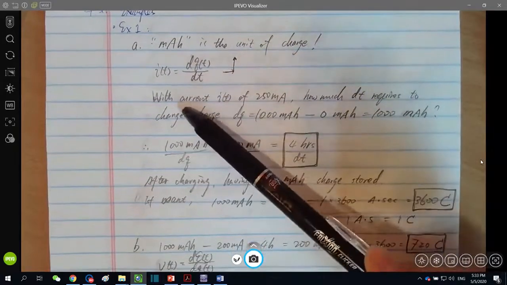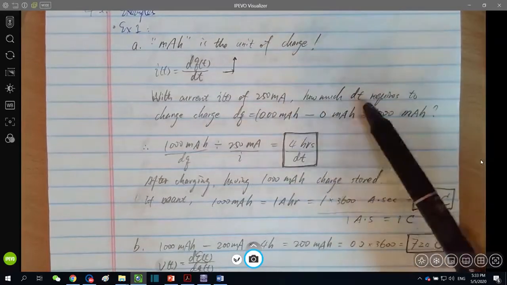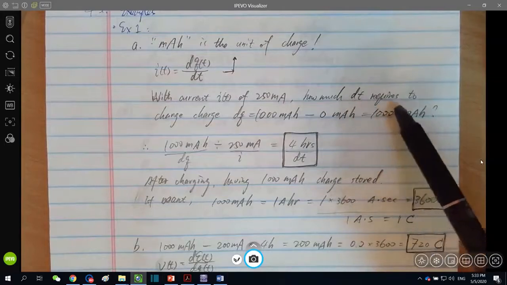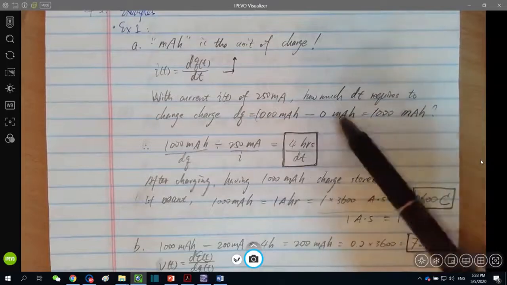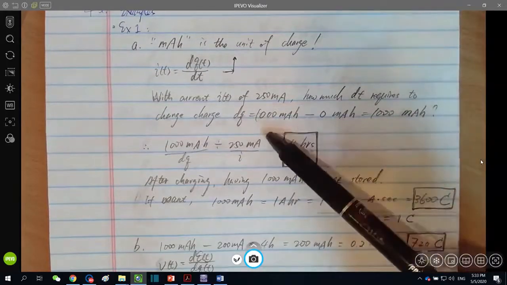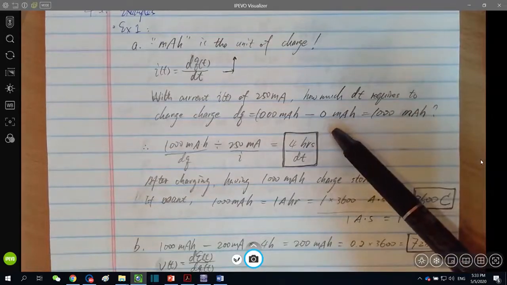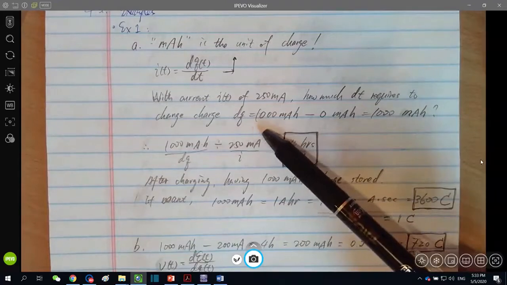So with this amount of current, how much time, which means nothing but dt, is required to charge this amount of charge? How much charge do we need to charge? Well, it's a little bit twisting, but hopefully you know what I mean.